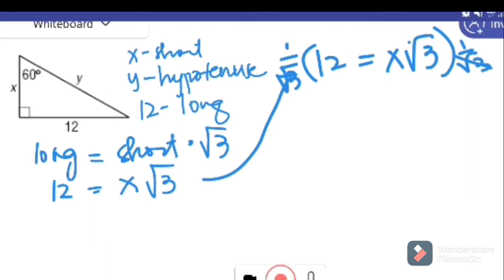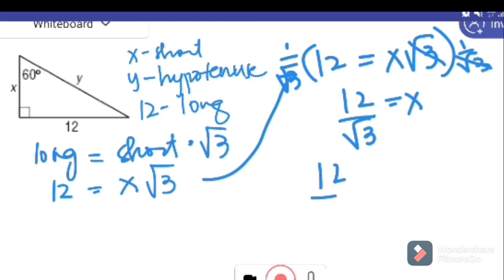So this is now X is equal to 12 over square root of 3. But as we know, we cannot have a square root in the denominator. So we need to rationalize.